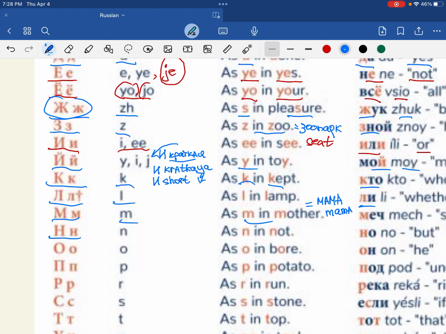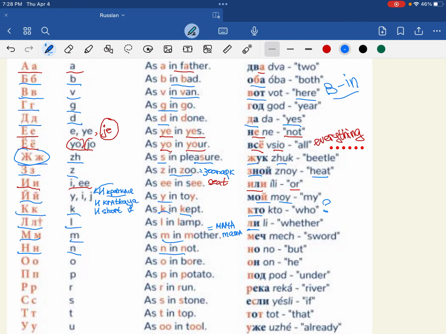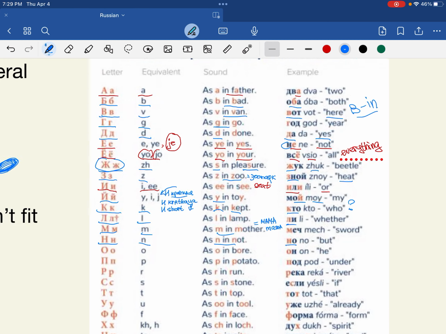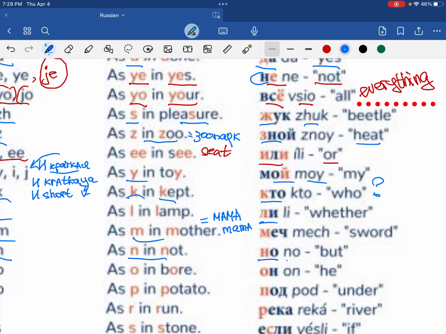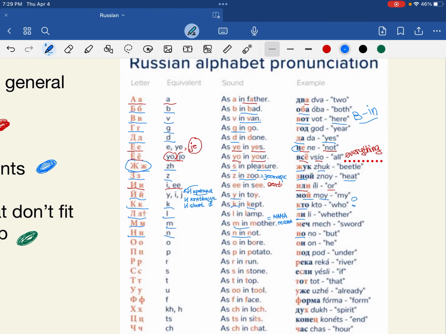The next consonant is N. It's pronounced like N in not in English. Or also не, as you see here in Russian, or но, it's a new conjunction, which means but in Russian. Please don't read it like no, it's just some kind of transcription, and O in this case is really, really short.